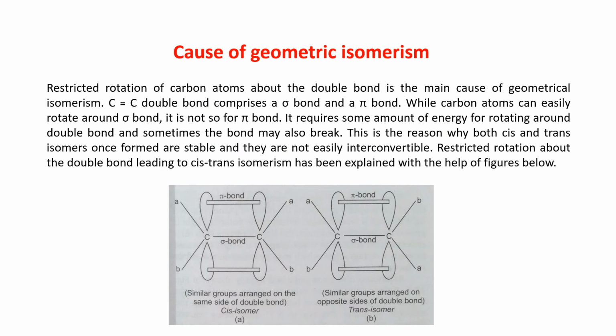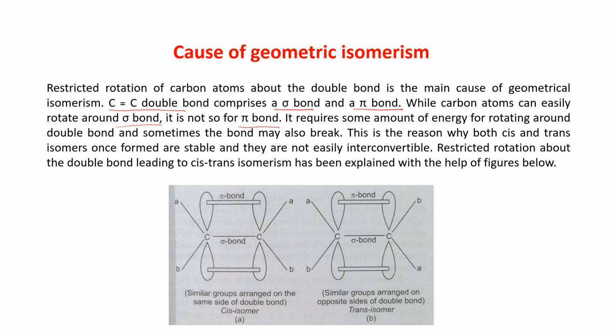The cause of geometric isomerism. Restricted rotation of carbon atoms about the double bond is the main cause of geometrical isomerism. A carbon-carbon double bond comprises a sigma bond and a pi bond. While carbon atoms can easily rotate around a sigma bond, it is not so for a pi bond.